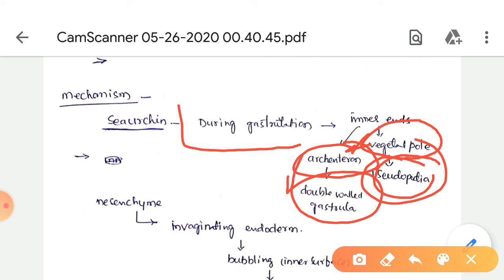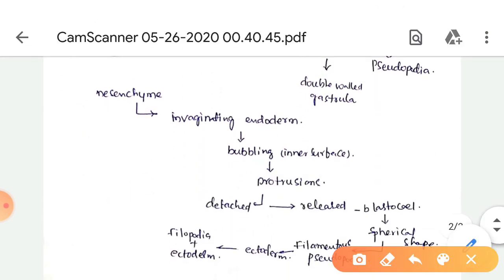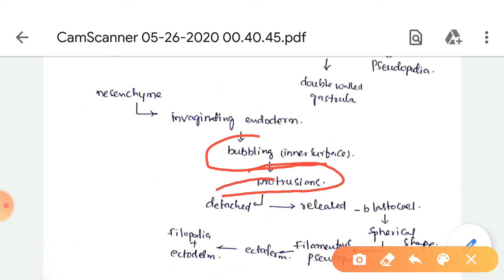So the mesenchymal cells are formed from the invaginating endoderm, and these cells start bubbling on the inner surface and succeed in producing rounded protrusions. These cells are completely detached from the adjacent cells and released into the blastocoel.